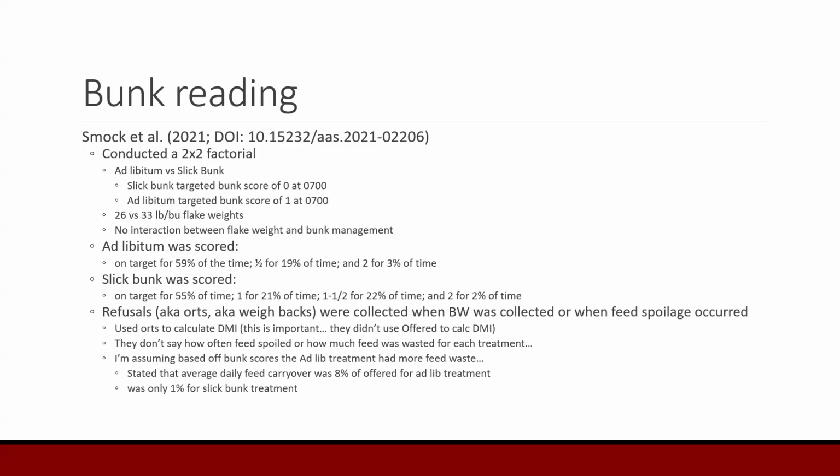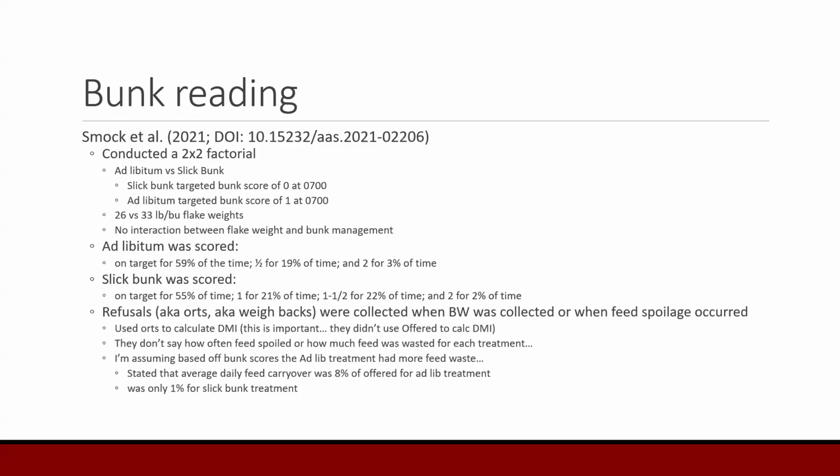Yeah, 33 would be less. The denser they are, the less processed they are, the less starch availability there is. So the lighter flake had tighter rollers coming out of the steam chest and was more processed, so more starch availability compared to that heavier flake.